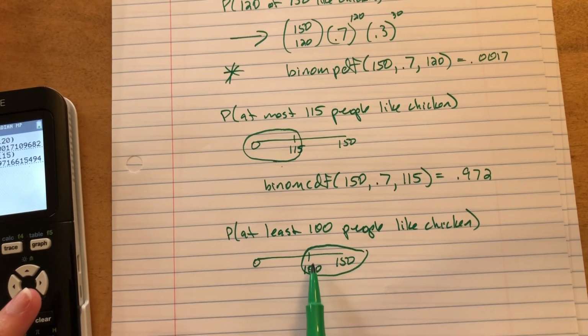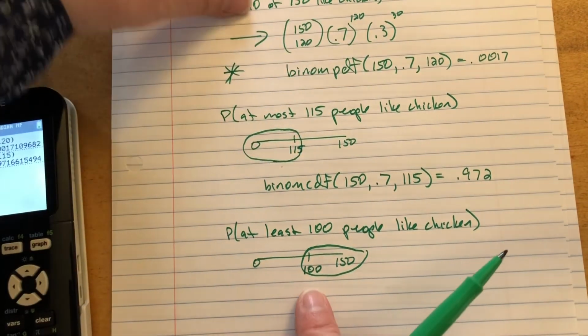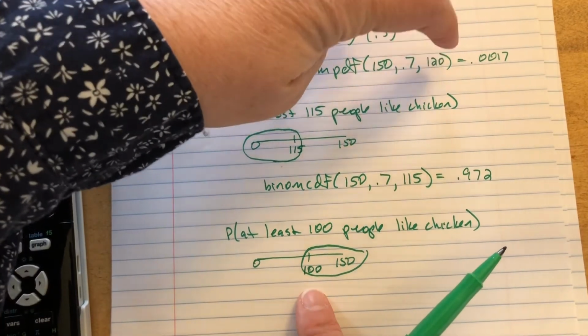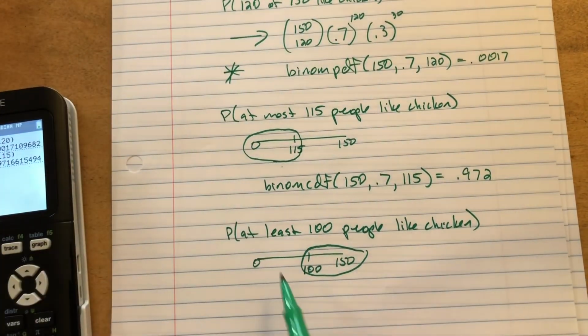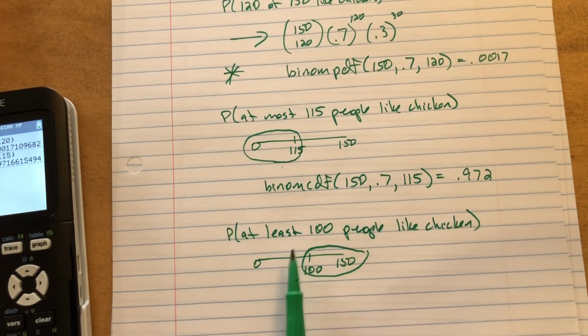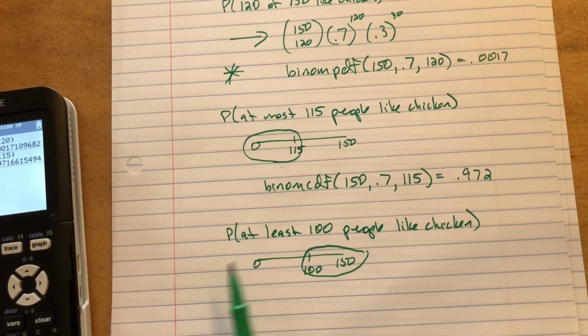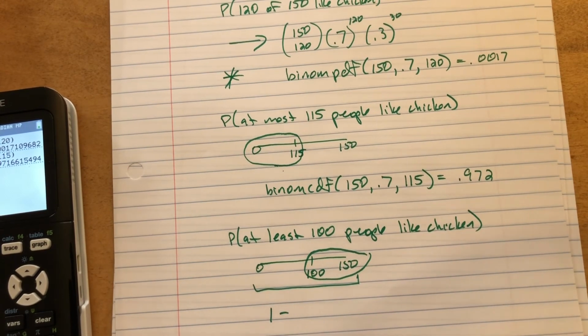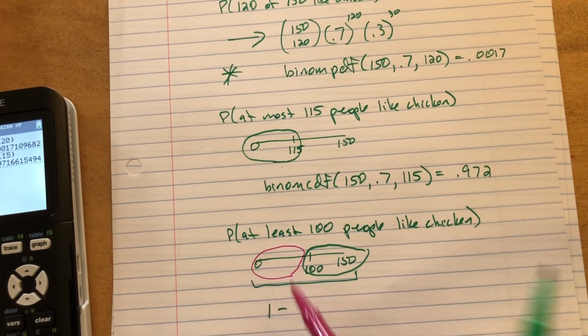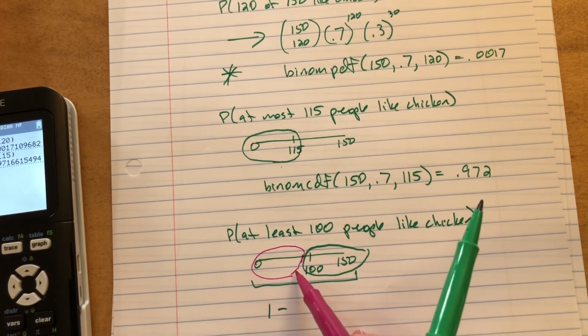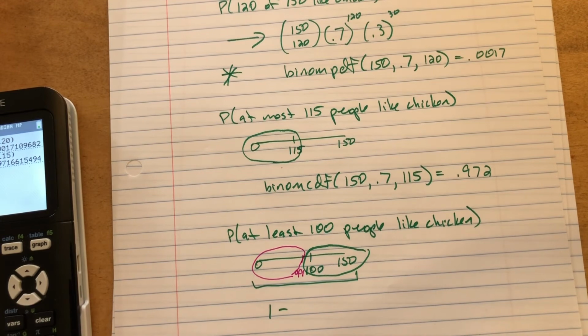I'm not going to calculate using my PDF for 100, 101, 102, 103, all the way up to 150 and add them up. I'm going to use my CDF. But remember, cumulative totals from the left. So I'm going to take 1, which is the total of all those probabilities, and I'm going to subtract the pink part. Well, the pink part's going to start at 99, right?